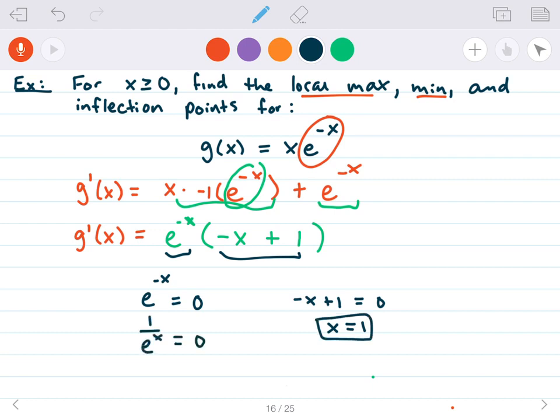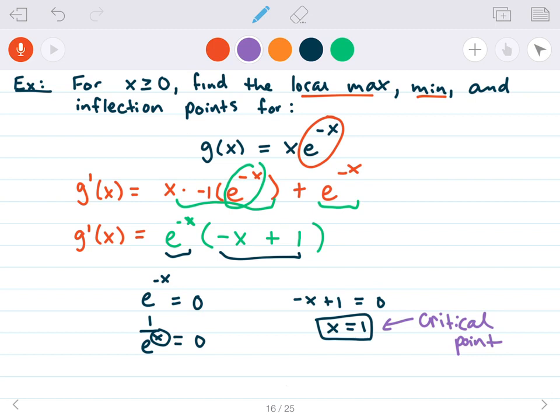No matter how large the denominator gets, this thing approaches 0 but doesn't actually equal 0. So we can throw that factor out, the e to the negative x. So this x equals 1 is our critical point, or critical number. Sometimes you'll see that.